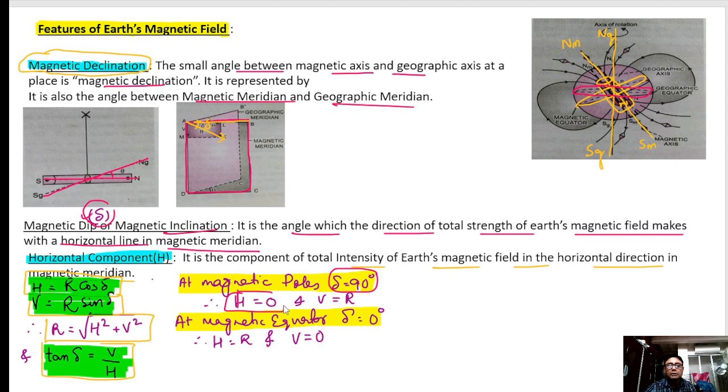The Earth's total field will be the vertical component. At the magnetic poles theta is 90 degrees, and at the magnetic equator the angle is 0 degrees. So it will be totally horizontal field and no vertical field at the equator. Please keep note of these important topics.